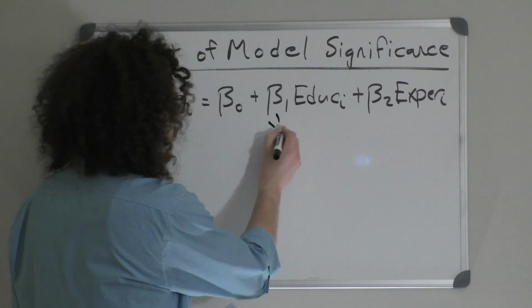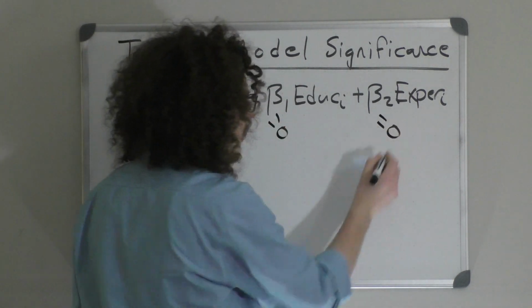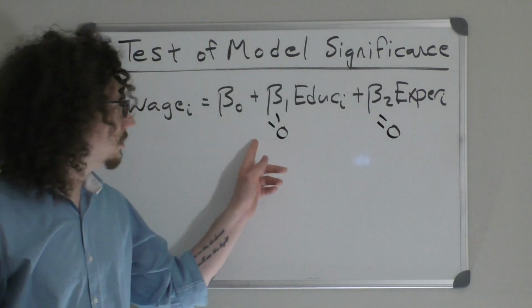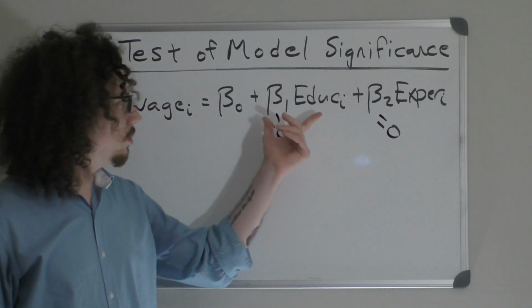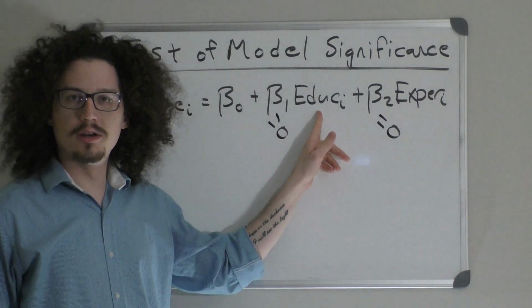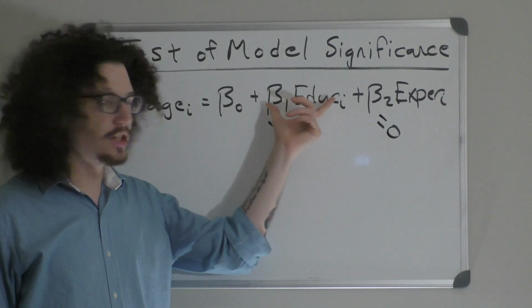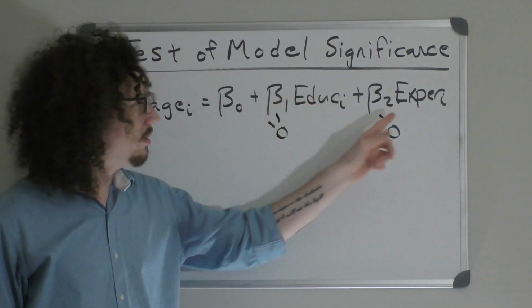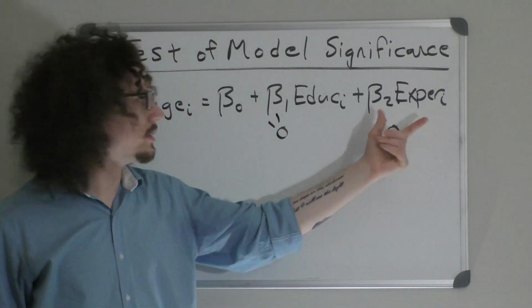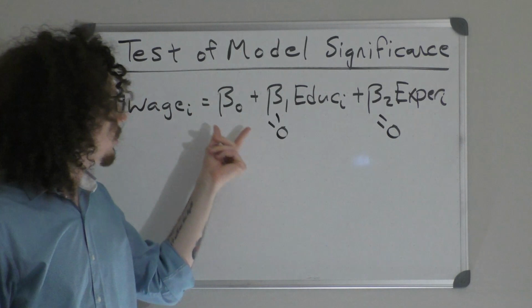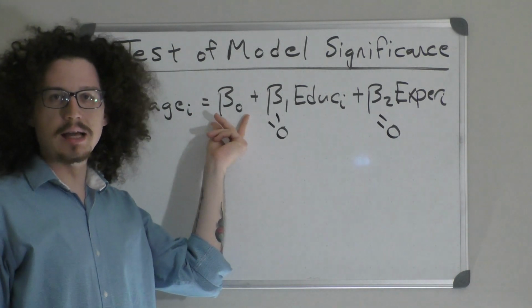And we can illustrate that by saying, if beta 1 equals 0 and beta 2 equals 0, then it doesn't matter what number you put in here for education, that term is going to be 0. And it doesn't matter what you put in here for experience, that term is 0.